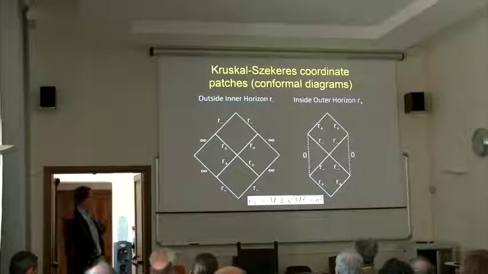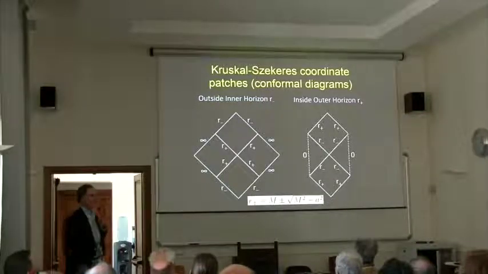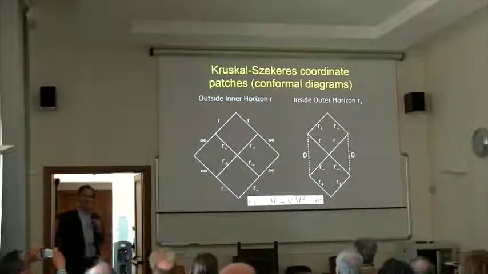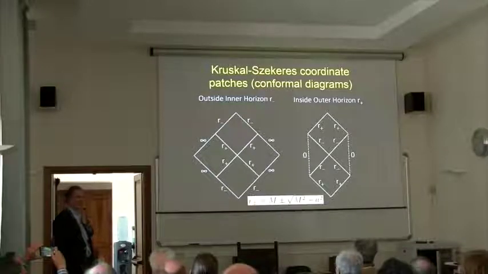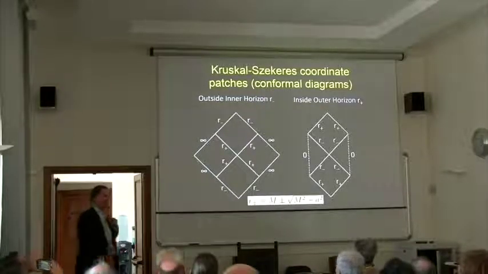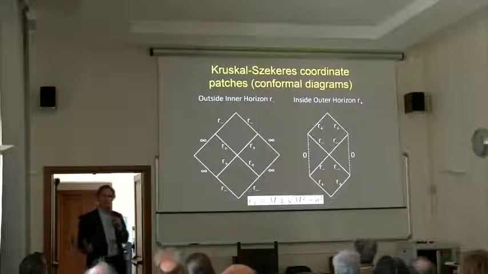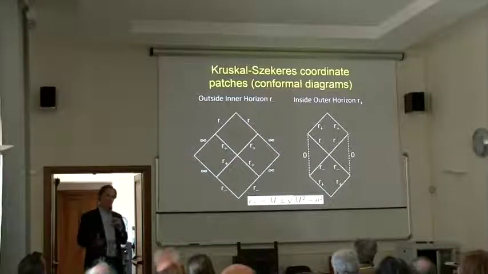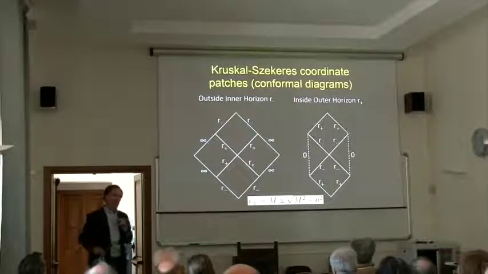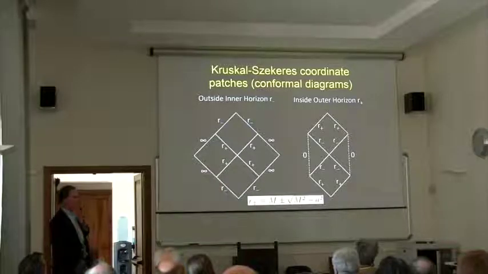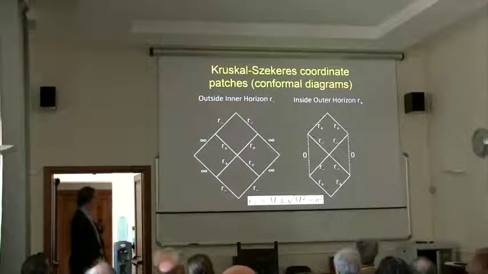To go into this in a little bit more detail, each of the patches of the Kerr solution can be covered by a coordinate system. Black hole solutions are examples of spacetimes where you need more than one chart to cover the manifold. So you need multiple copies of the coordinate systems.